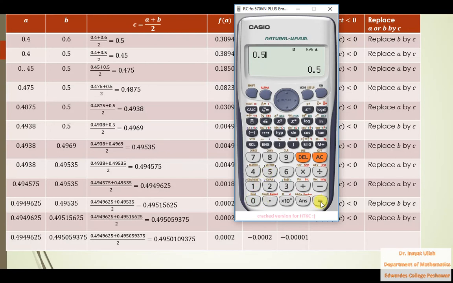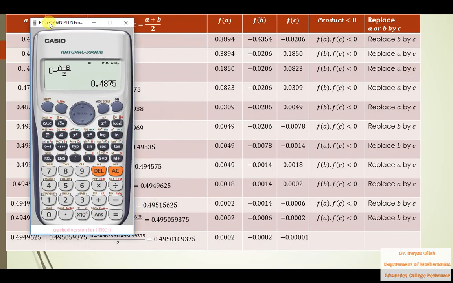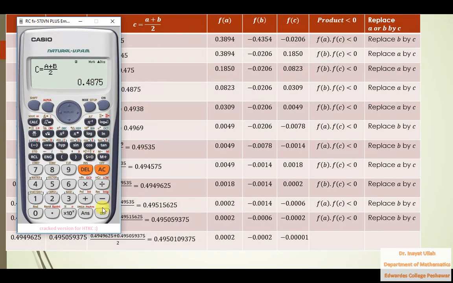It will give you the value of c, which is this thing. Convert it: 0.475. Then pressing equal sign, you'll get f of a 0.0823, and equal sign minus 0.0205, rounding this figure, and then equal sign, this is 0.0309.